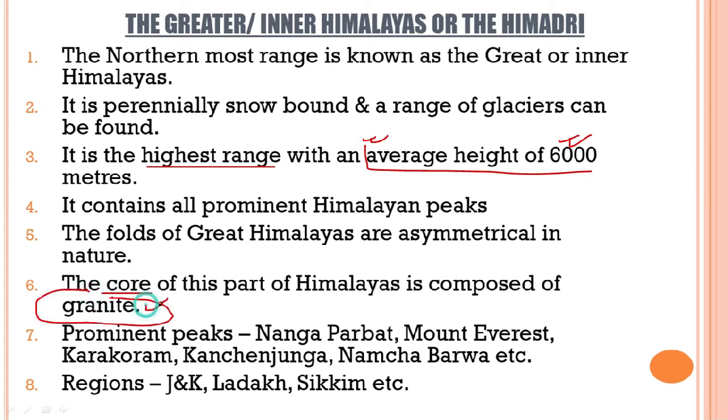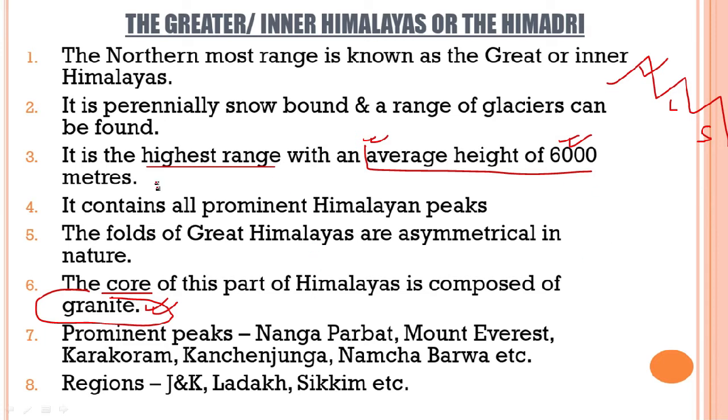Students, as you remember, in the beginning we studied the composition of the Himalayas as a rugged mountain. So here we find granite. In the next division, the lesser Himalayas, we will find something else. The rocks will be composed differently, and as well in the Shivaliks or the outer Himalayas, the mountains will be composed of different stones or rocks, etc.